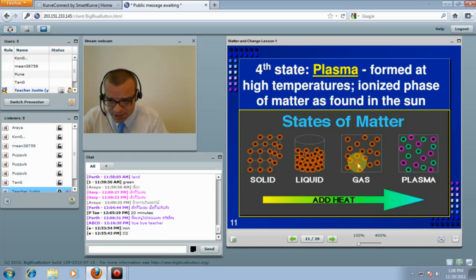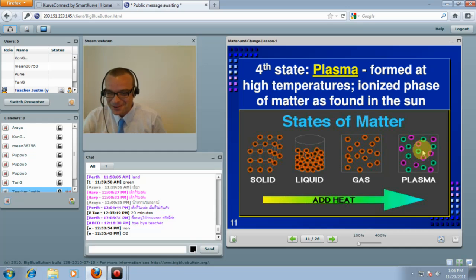Gas, as you can see here, the particles are a lot further apart than in a liquid. And as we said, they'll expand to the edges of the container. They'll expand as far as they can, basically, until something stops them. And this is your plasma. Complicated subject.